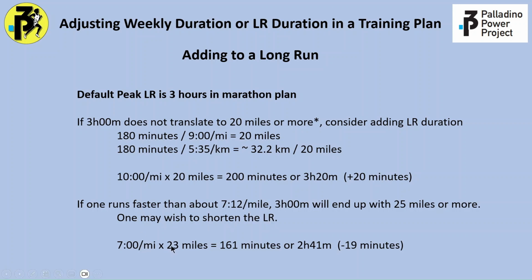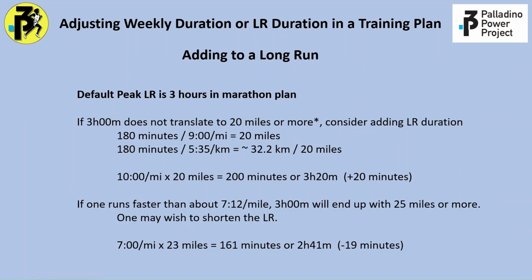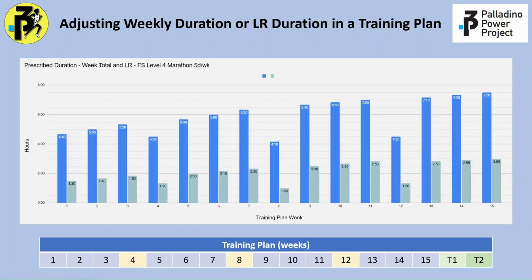So let's say, hey, I want to peak out at 23 miles. And I average 7 minutes per mile. Well, that would be 161 minutes or 2 hours and 41 minutes. So you're going to subtract 19 minutes from every long run all the way through the plan. Again, the reason you're taking it from every long run is so you can keep the progressions. All right? So that's adding to a long run.